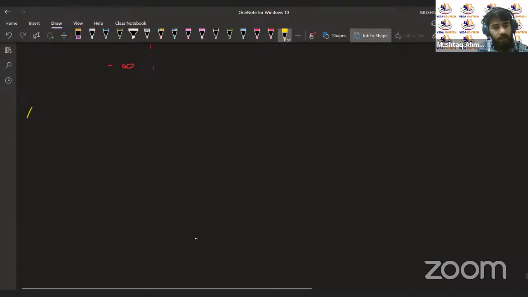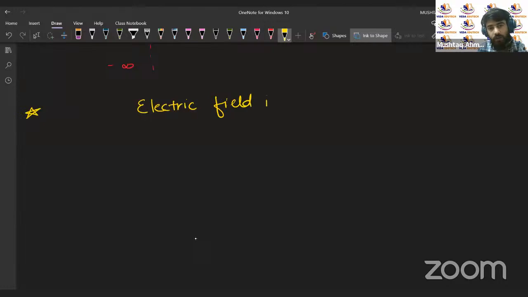Let's try to find the electric field intensity due to a thin infinite sheet. It's a thin infinite sheet and also non-conducting, right?